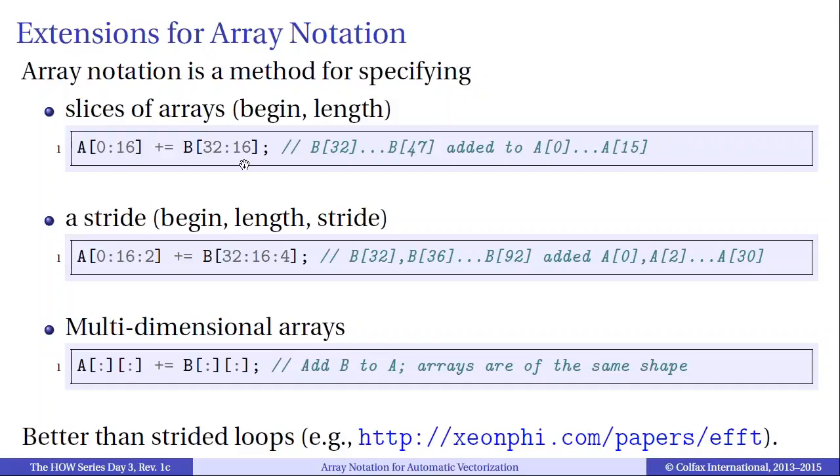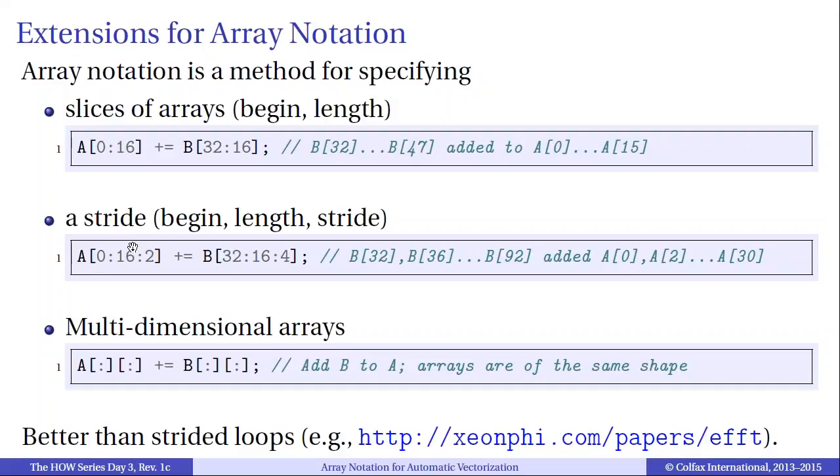But there is a case where array notation is more powerful than automatic vectorization. And this case is when you have strides, especially different strides in the left-hand side and in the right-hand side. Strides you can indicate as this third argument in the array. This expression means the following.